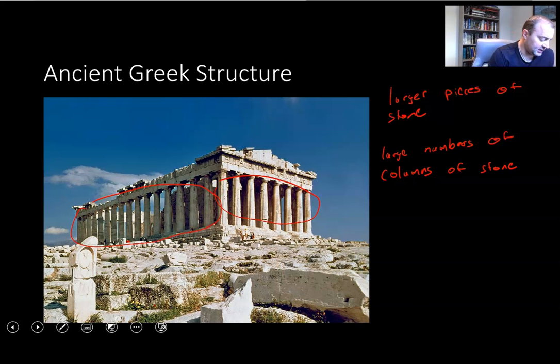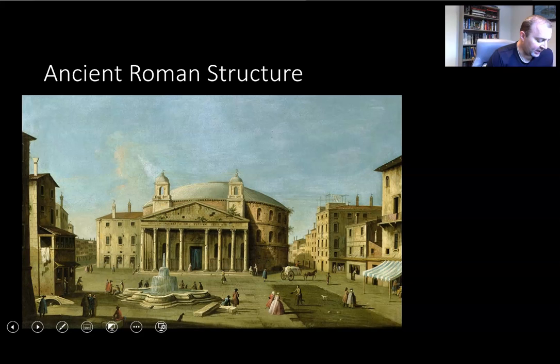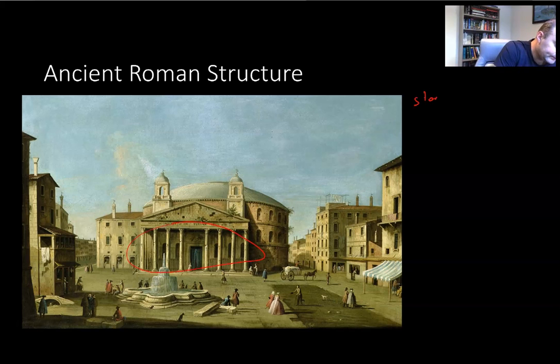The next one is actually a drawing of a Roman structure. This was the best angle I could get of the structure, but one of the reasons it's worth including is that you see a lot of different elements that were found in similar structures. So this time we've got the stone pillars or columns.